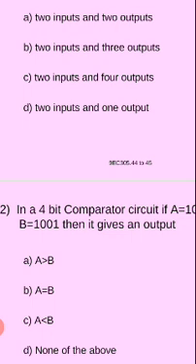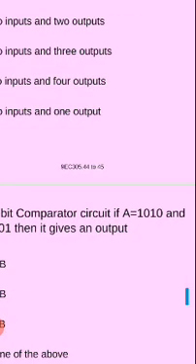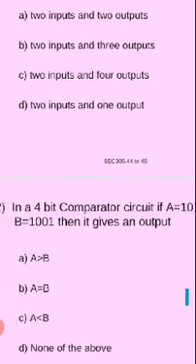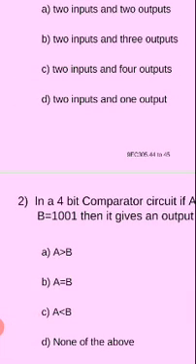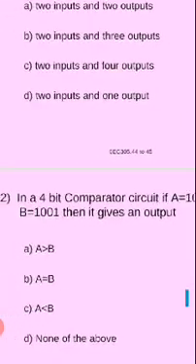Second question. In a 4-bit comparator circuit, if A equal to 1010 and B equal to 1001, then it gives an output.